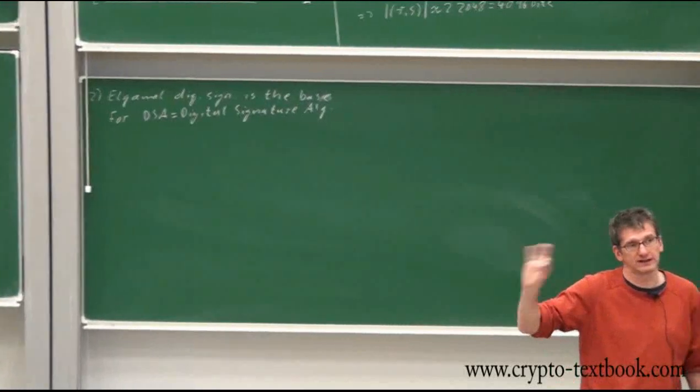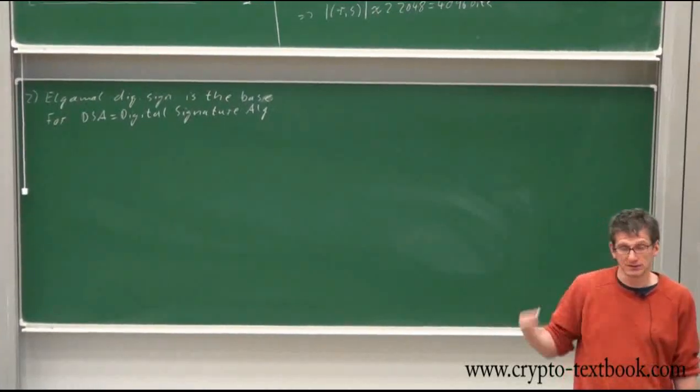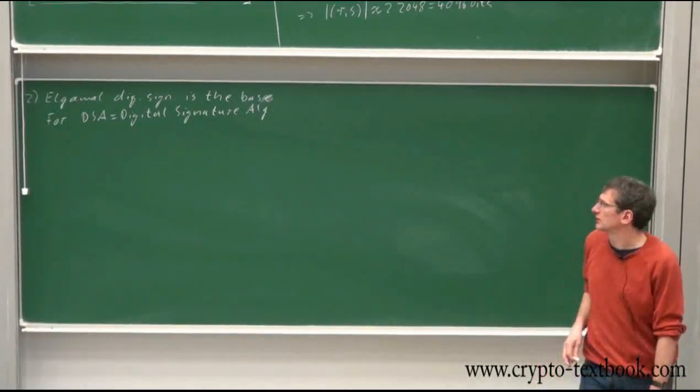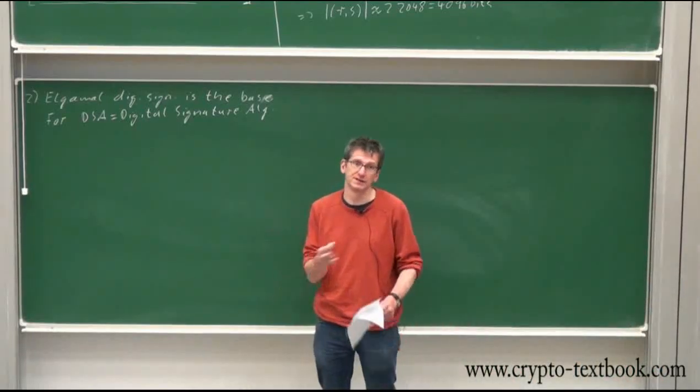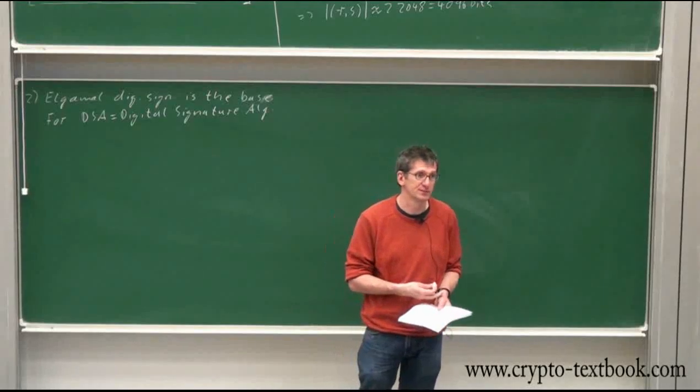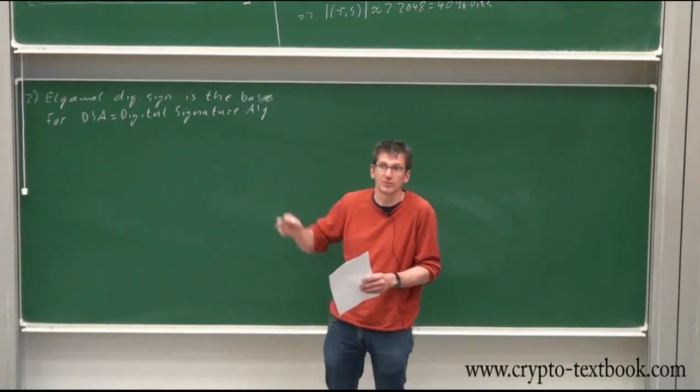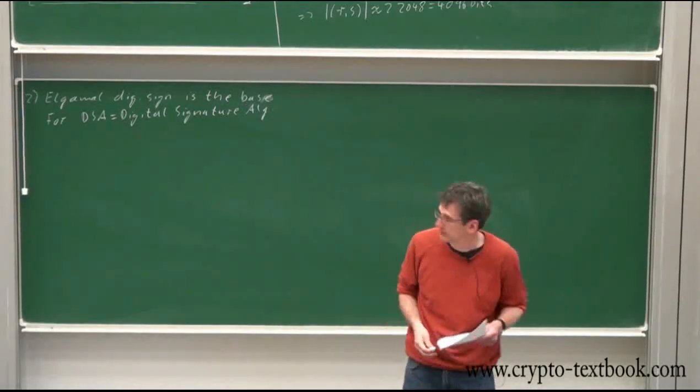Okay, so there's RSA out there in the world, which is probably the most popular signature algorithm. And then there is DSA, and there's an elliptic curve version of that. So DSA is quite popular, and it's based on what we just did.